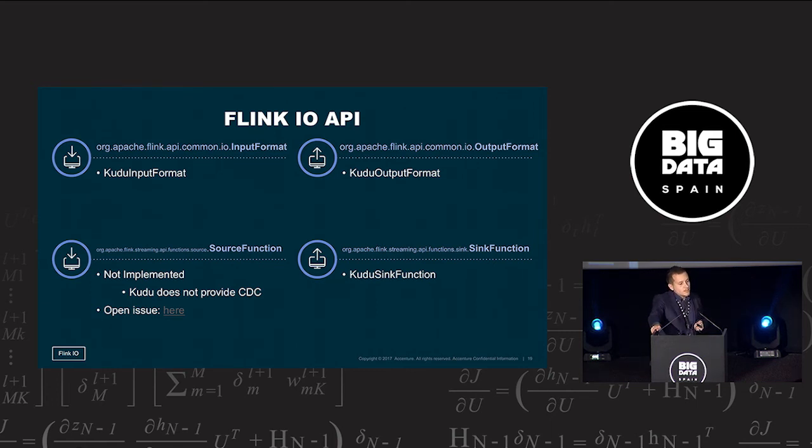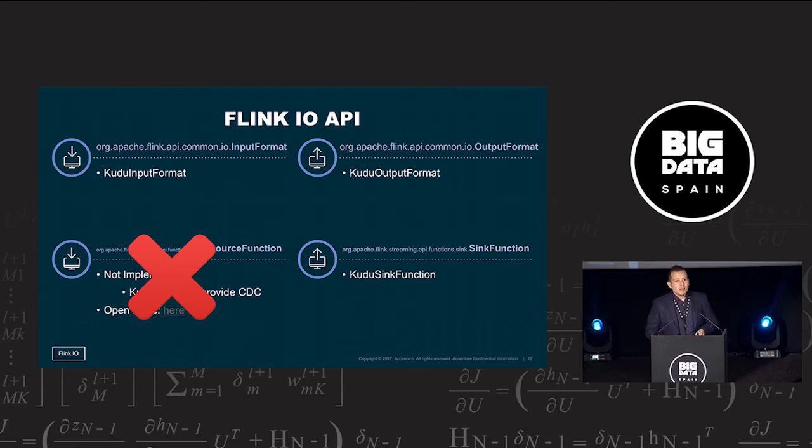Yeah, the source function for the streaming API. This is the base interface for all the streaming data sources in Flink. It is in charge of producing records from an external system in a streaming fashion. And currently, we do not provide a streaming Kudu source because the change data capture feature of Kudu is not implemented yet.